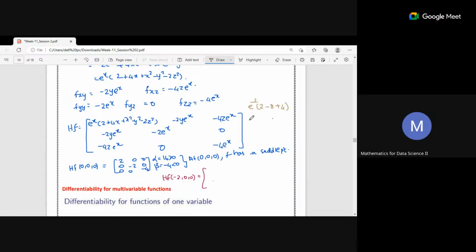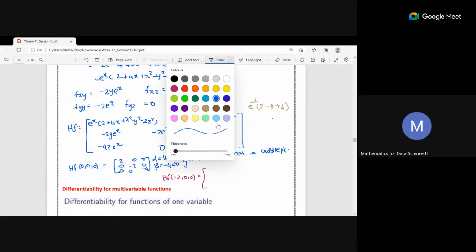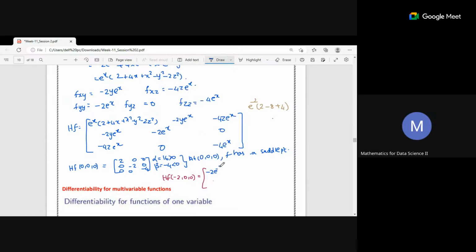So minus 2 e power minus 2, correct? And this value here is 0. This is 0. This is 0. And this is minus 2 e power minus 2. This is also 0. And this is 0, 0, minus 4 e power minus 2.